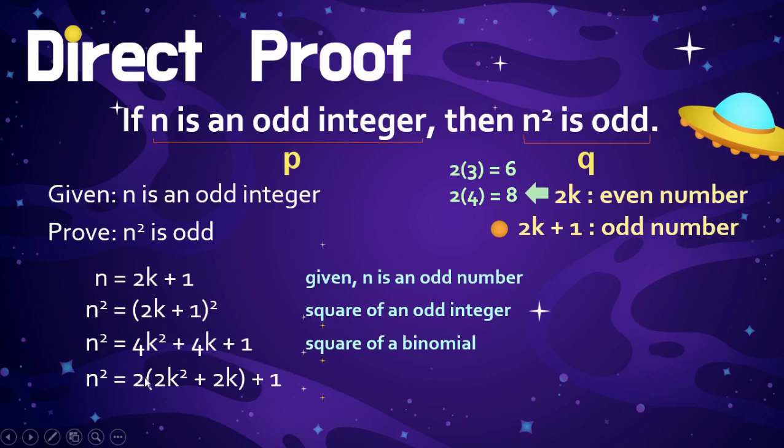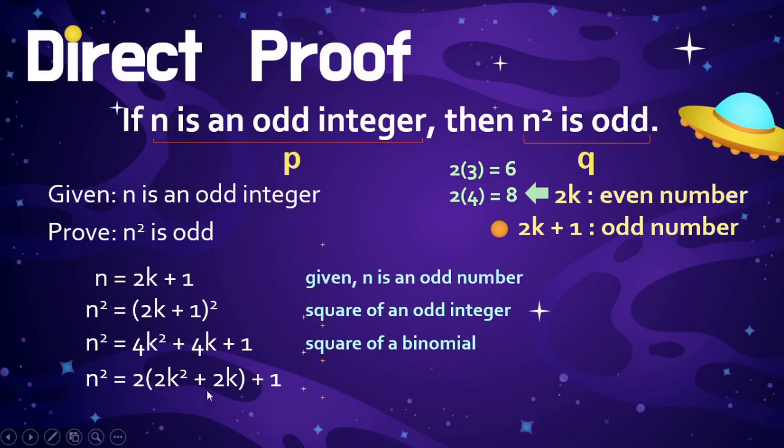Pwede nating i-factor out yung 2, ang iiwan sa loob ng parenthesis is 2k squared. Okay, bakit 2k squared? Diba, inilabas lang natin yung 2. Kita nyo, pag binalik ko yan, 2 times 2k squared, it will give us 4k squared. Baliktaran lang po. Nilabas ko si 2, ang iiwan sa loob, 2k. Kasi 2 times 2k is 4k.